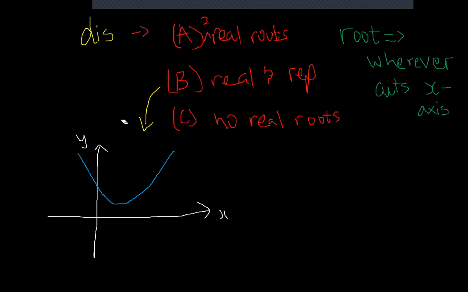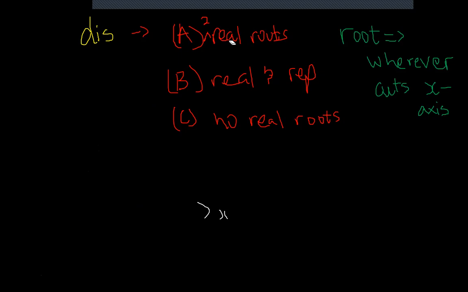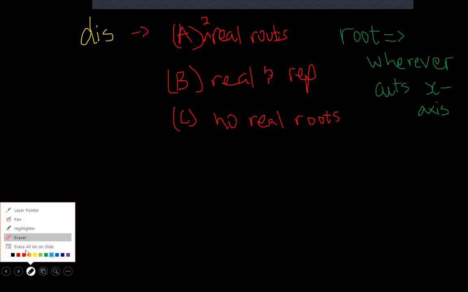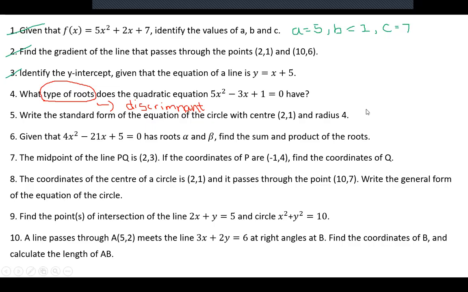That's what the discriminant tells us. It tells us if the quadratic function has two real roots, real and repeated roots, or no real roots. In this question, they asked us to identify the type of roots for this quadratic function. The formula: capital D for discriminant is equal to b squared minus 4ac.